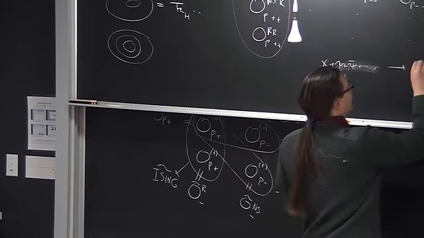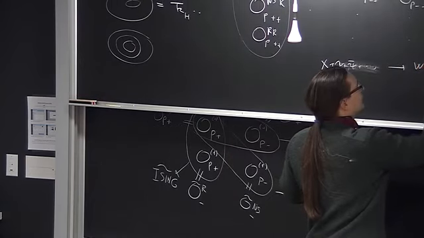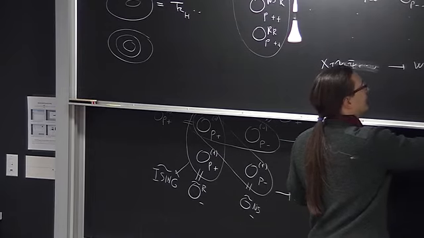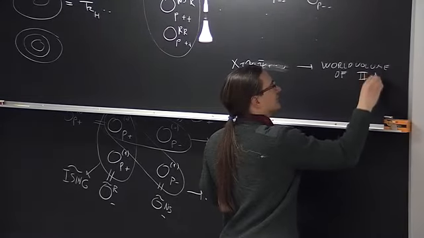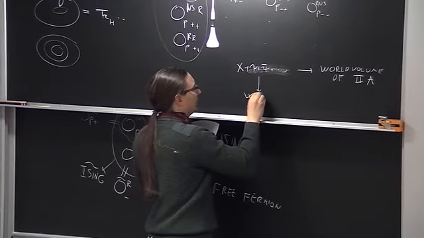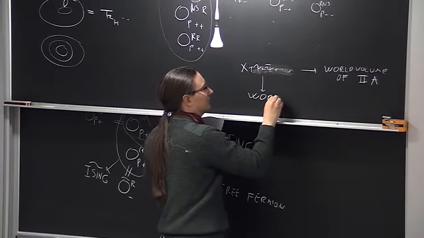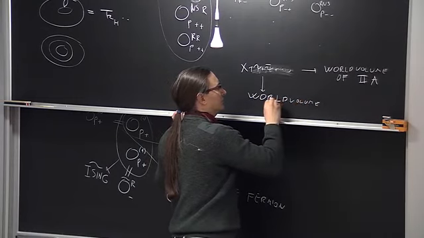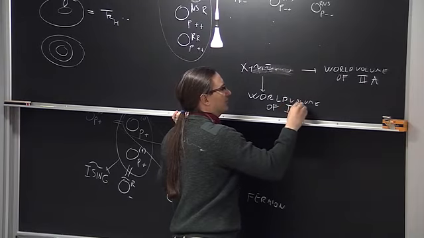And one of them will give you the worldvolume theory of something called the type 2A string. The other will give you the worldvolume theory of something called the type 2B.